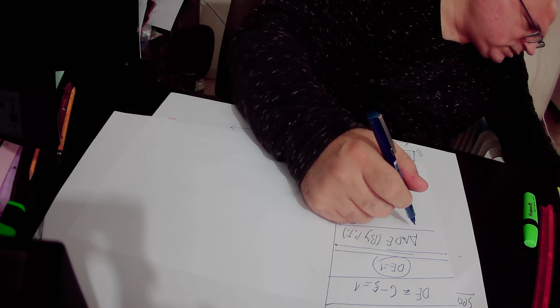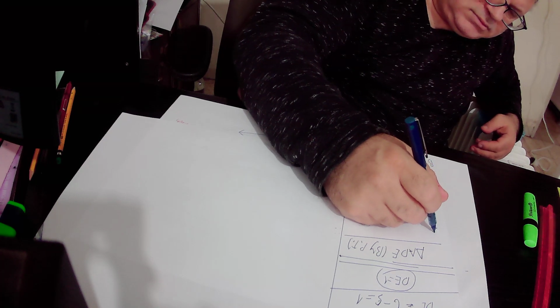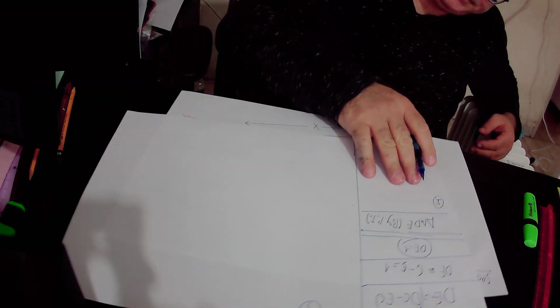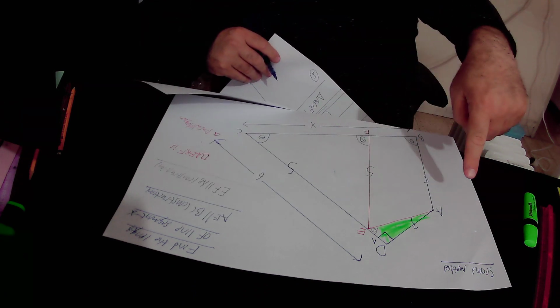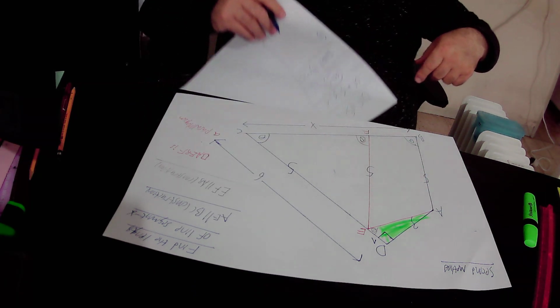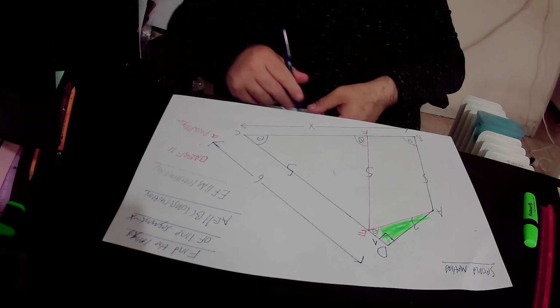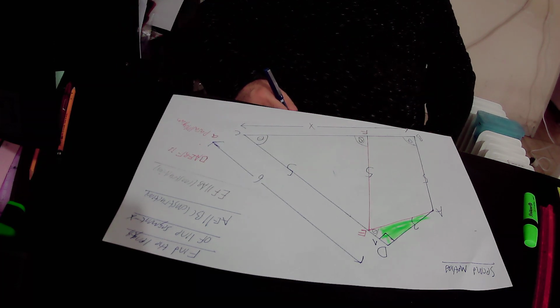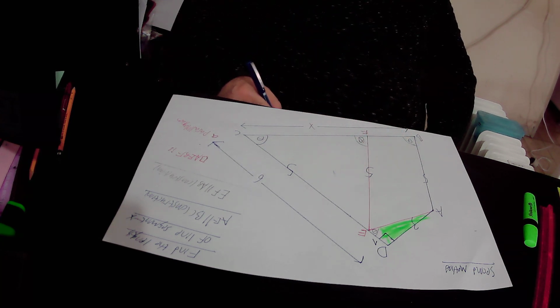That is to say, according to equation number 1, AE squared equals AD squared plus DE squared.